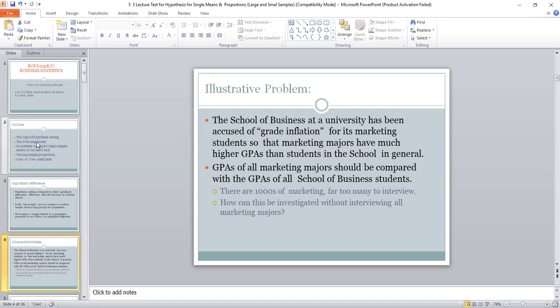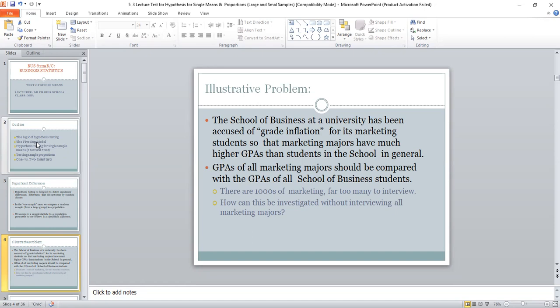The researcher will have to collect data from marketers, get the average grade for marketers, then compare it with the general population, then draw a conclusion. But after hypothesis testing, you decide that you are going to use the test for single means. Now I've defined the problem.